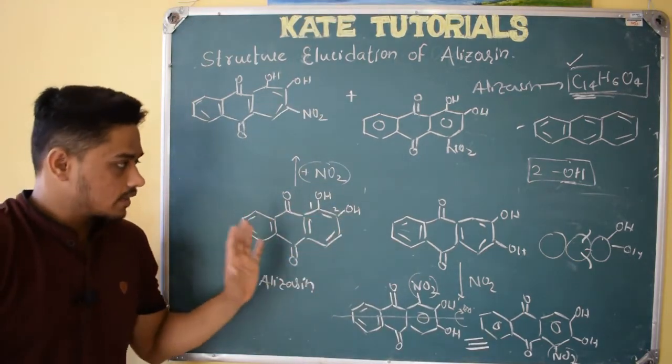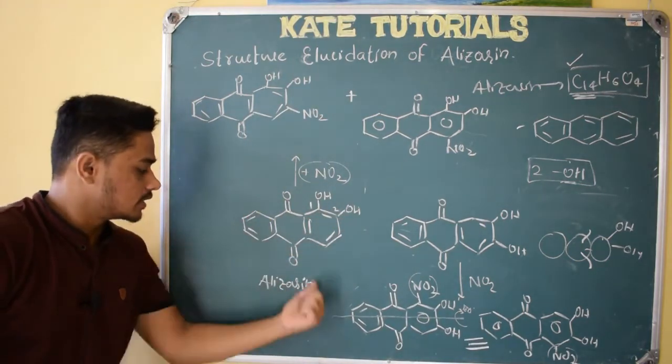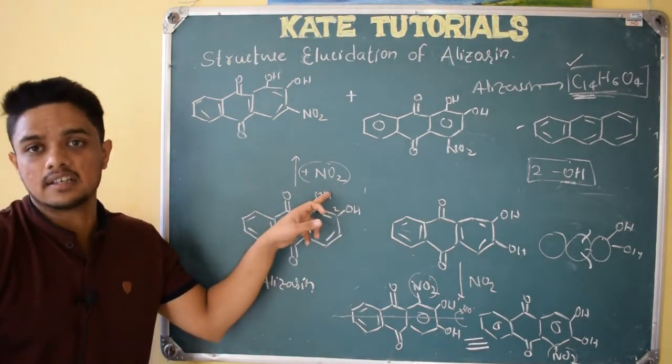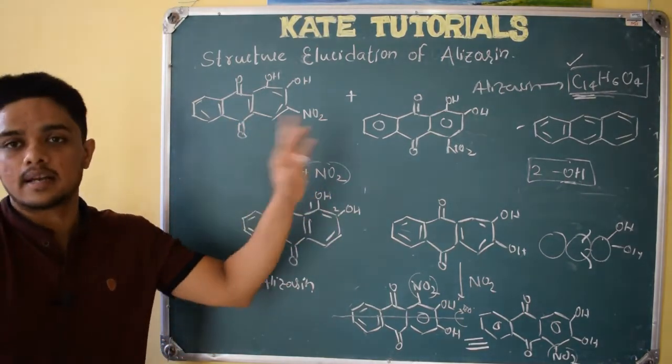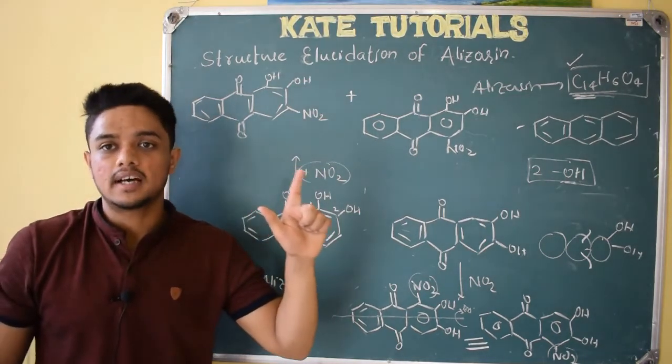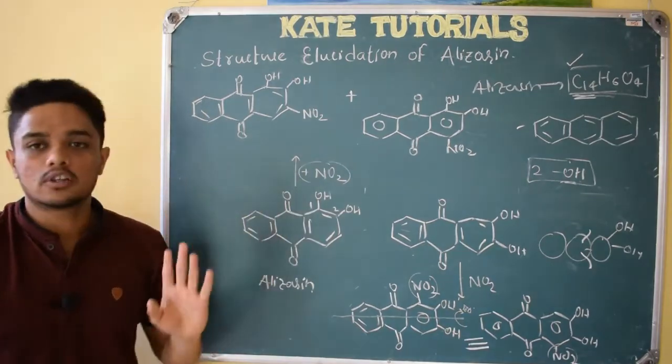So what they concluded is that the alizarin which they got in the reaction, when they did nitration, they got two products, and that can be distinguished from melting point. Also I have told, the second point is spectroscopic analysis, HNMR, that I also told, right.